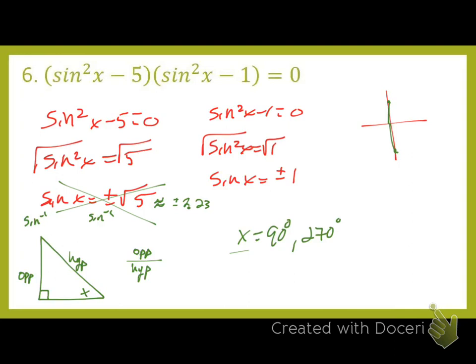In a right triangle, which side is the longest side? Always. The longest side is always the hypotenuse, right? So that means that when you write sine as a fraction, opposite over hypotenuse, you know that the denominator is always going to be bigger than the numerator. This guy is always going to be bigger.